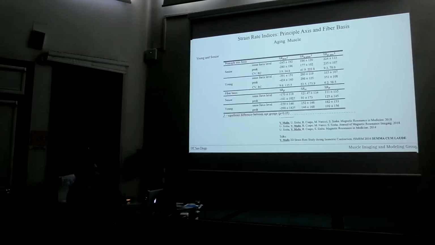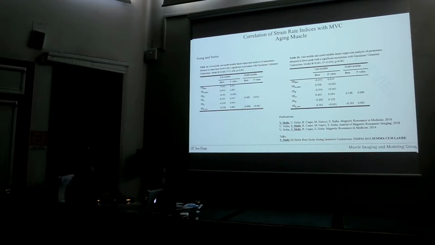And when we try to see what the correlation of these strain rate indices was with the MVC, we pulled together the young and old subjects, and you can see that in a multivariate analysis, the strain rate indices that came out to be significantly associated with force loss were two SR indices. One was the shear strain, and the other one was SRCC, which, though I didn't explain it, is related to the strain or the deformation in the perpendicular direction.